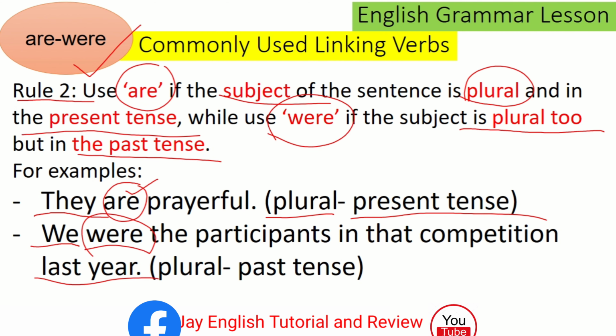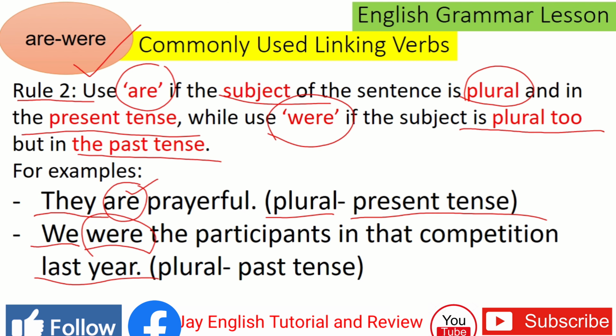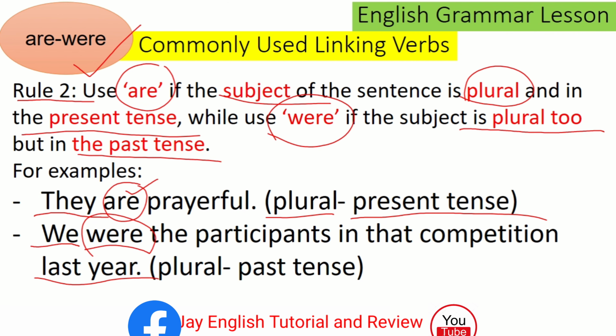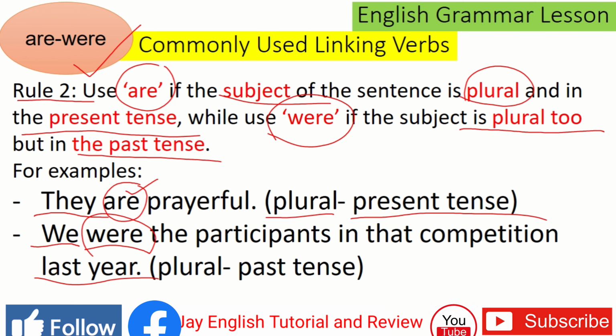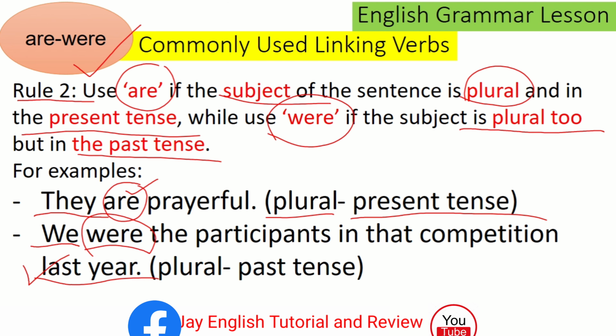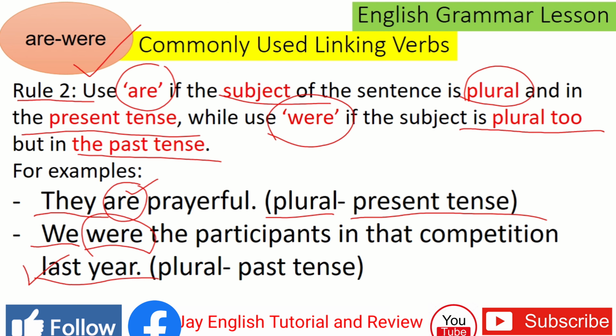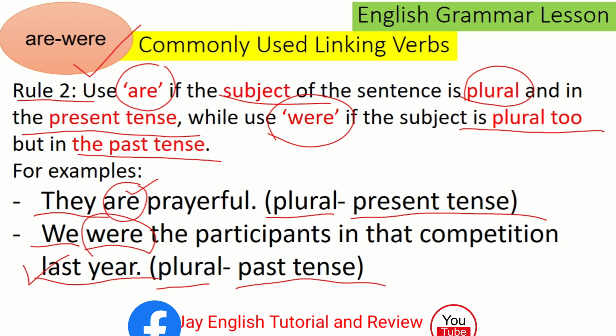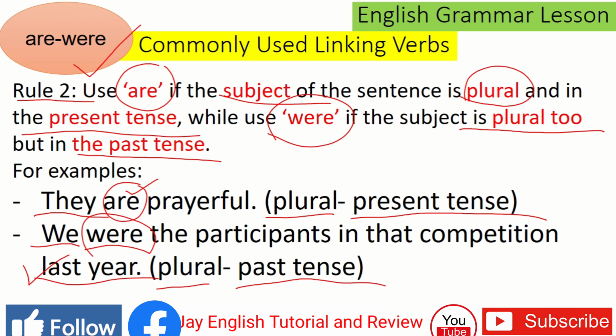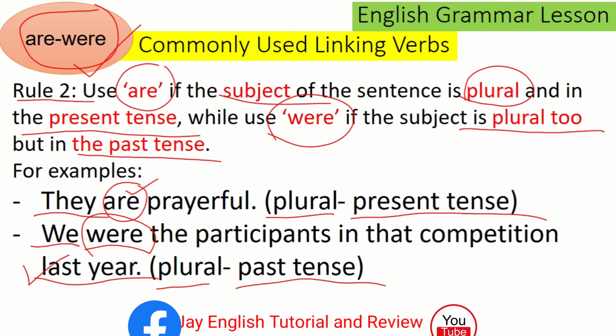So that is the reason why instead of using are, we say we were the participants in that competition last year. It is because of last year. And that is plural and in the past tense. That is the difference between are and were.